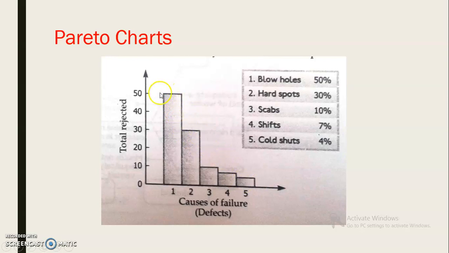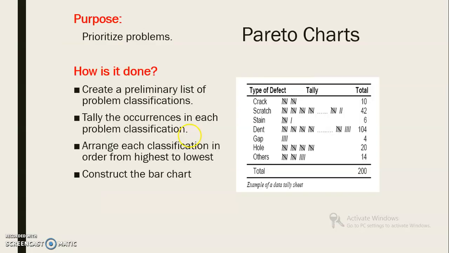If we concentrate on the 20% of the problem, meaning this one defect, blowhole, which contributes 50% of the defects in that casting, and we are able to reduce this blowhole defect, then the majority of the defects go on decreasing, and we can save, for example, wastage of the material.